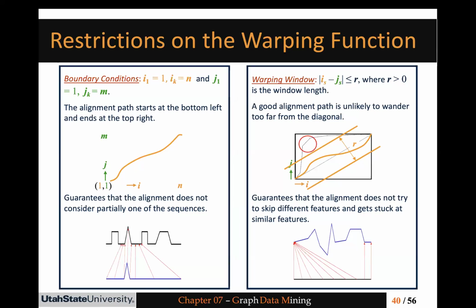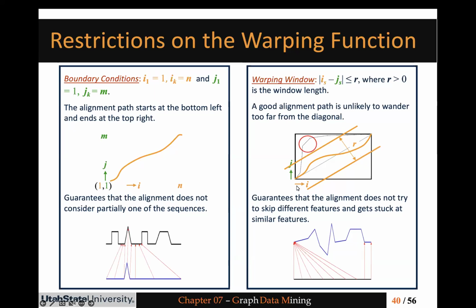The warping window condition, the warping window is not a mandatory condition, but this is a violation of the warping window in case you choose to use a warping window as an additional constraint of your dynamic time warping. So warping window is simply saying that, hey, the path should not go outside of this radius, which has been predefined as a parameter of your DTW.